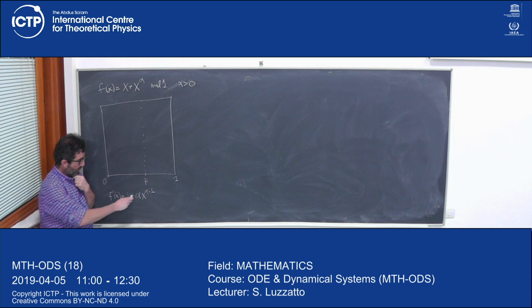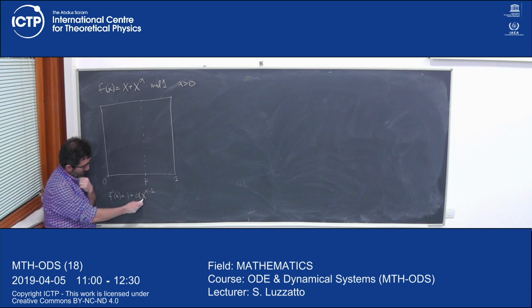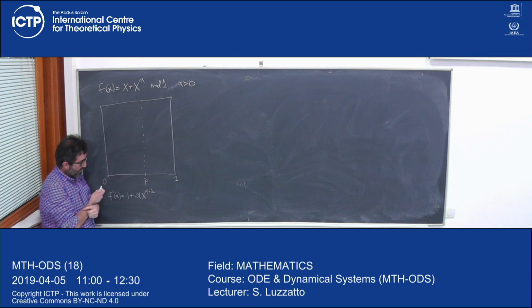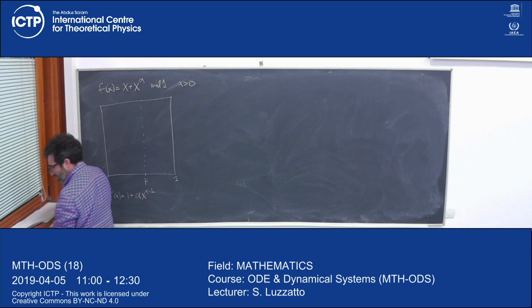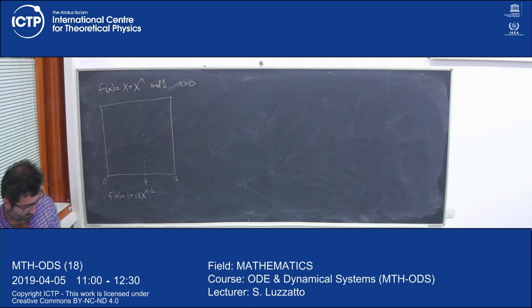So alpha, let's see, when alpha is less than 1, this is negative. At 0, no, at 0 the derivative is always 1, right? So maybe we want alpha bigger than 1. What conditions do we want?